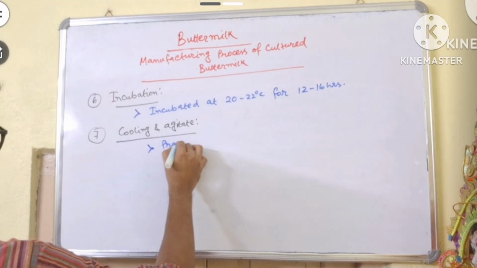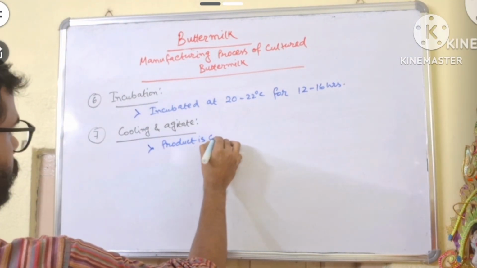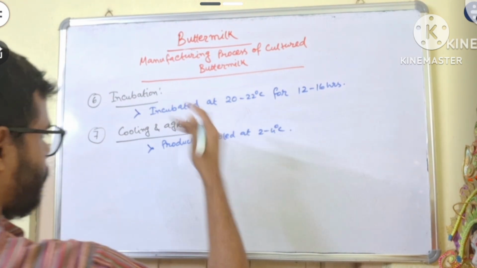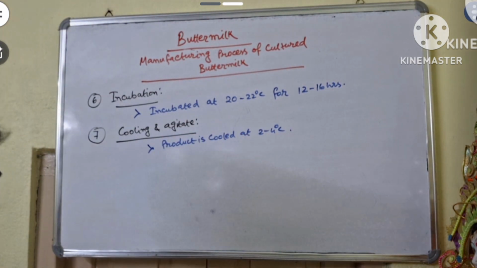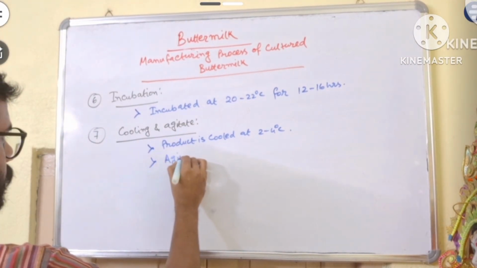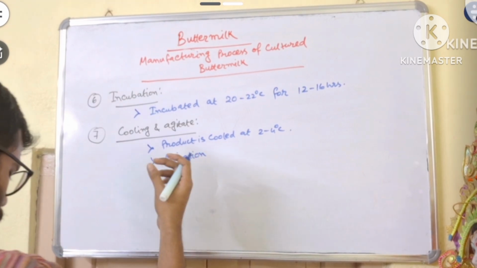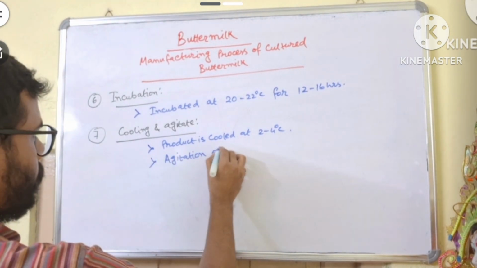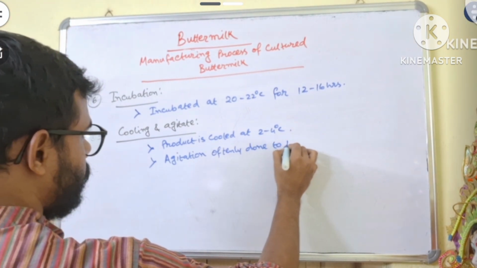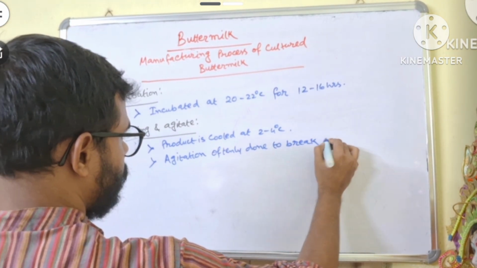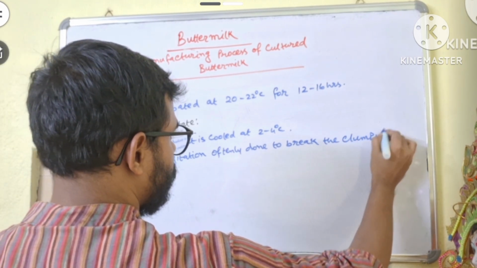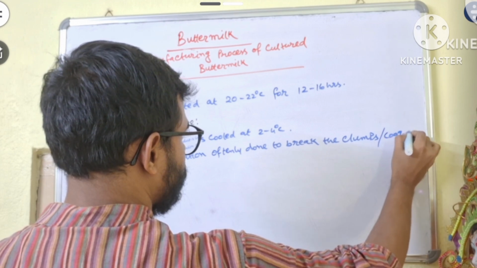Product is cooled at 2 to 4 degrees centigrade temperature, that means normal refrigeration. Agitation is often done to break the coagulum, to break the clump or coagulum. Same thing.